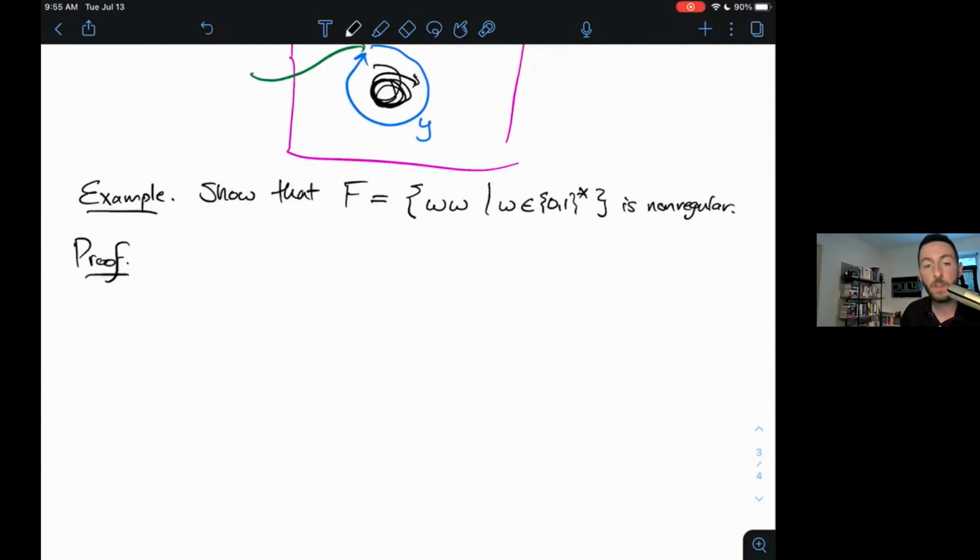So, proof. First step of a proof using the pumping lemma is always going to be: assume for contradiction that F is regular.